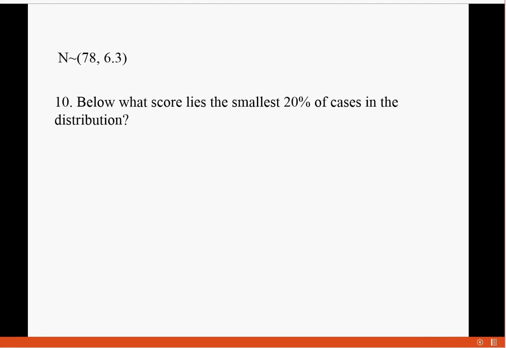Question number 10. Below what score lies the smallest 20% of cases in the distribution? Okay. Now let's draw this diagram to make sure what the question is asking. We have this distribution with a mean of 78. The smallest 20% of cases obviously have to be located at the left corner of the distribution.